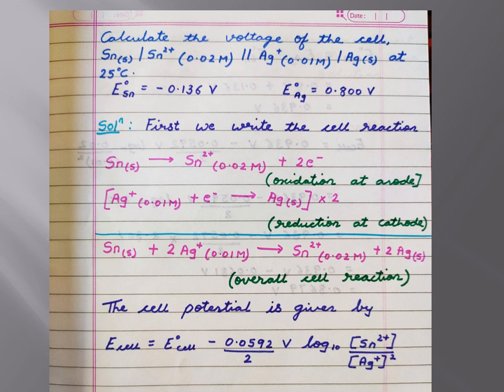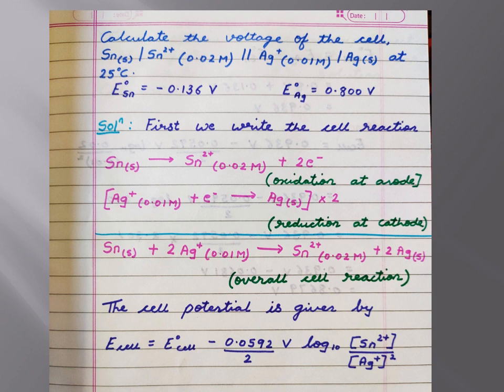The cell reaction for tin is Sn gives Sn2+ plus 2 electrons. Please note that at the anode oxidation will take place, whereas at the cathode reduction will take place. Oxidation means a loss of electrons, so tin is losing 2 electrons and it has a charge of plus 2.